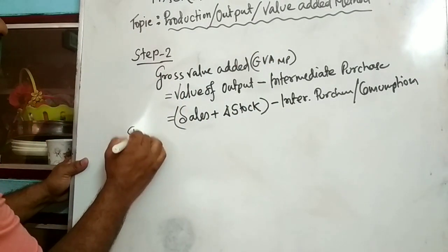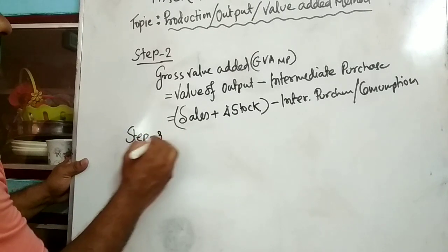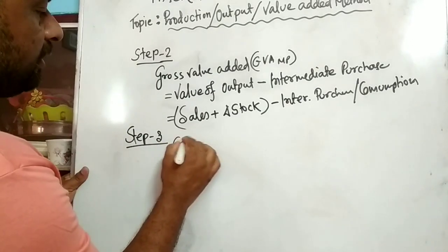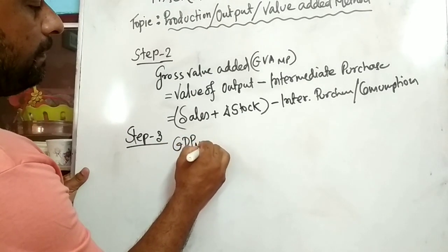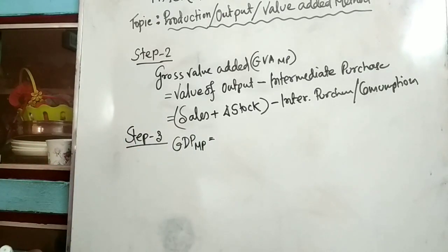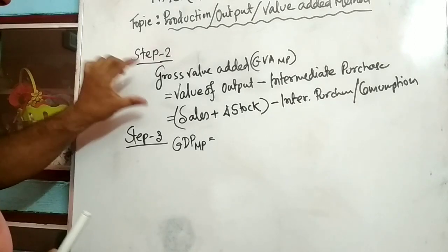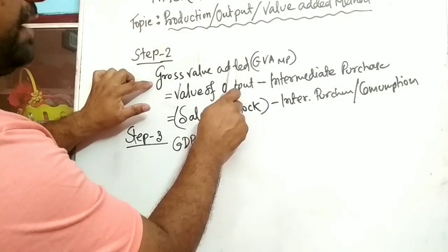Step 3. In this step, we have to calculate the GDP of the country. How to calculate GDP at market price? What are the three sectors of the economy, those who produce GVA?